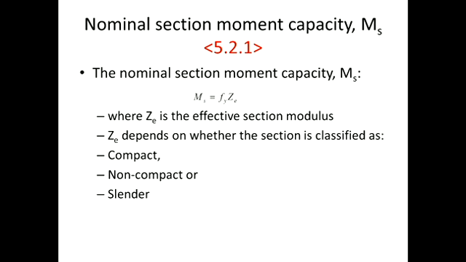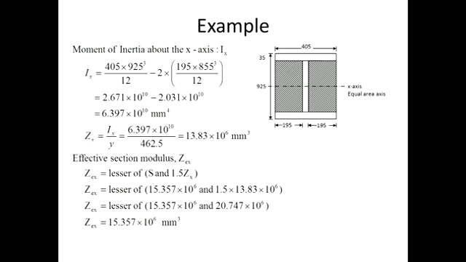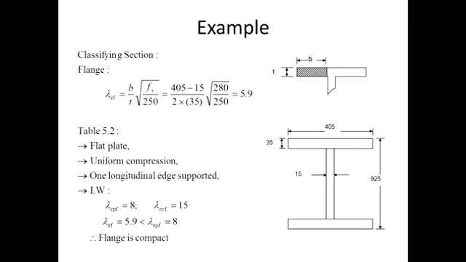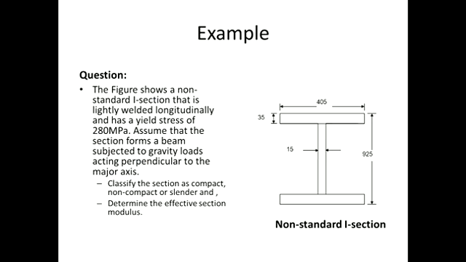So I think we can have a quick look at this example before we go to a break. What this example is doing is that we are given a non-standard I section, and we are told that the section is lightly welded.